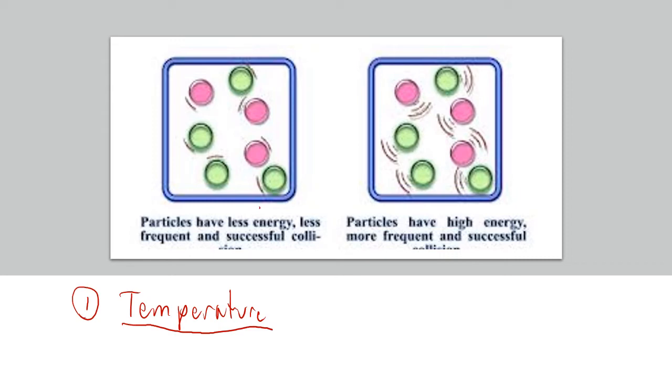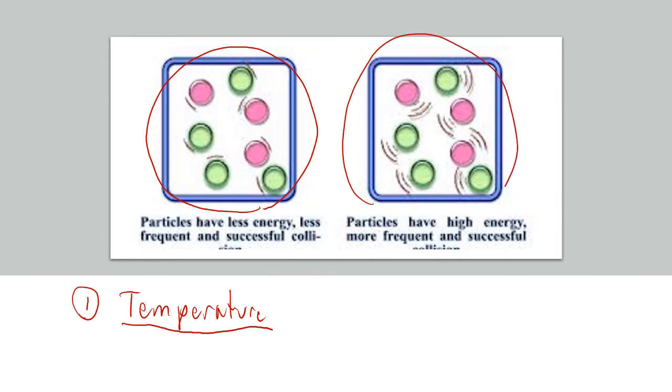So these particles in the first diagram are moving quite slowly. Particles here are moving quicker. If you're moving quicker, then the chance of you colliding is higher. So it says here there are more frequent.